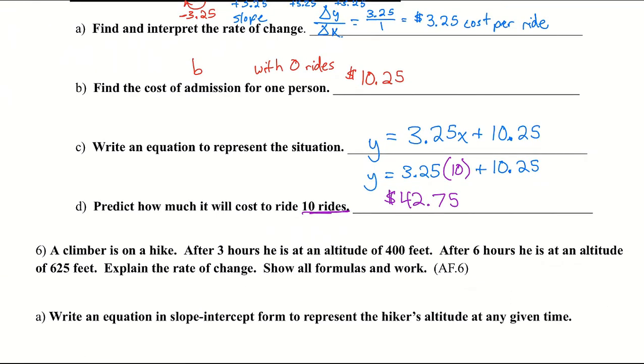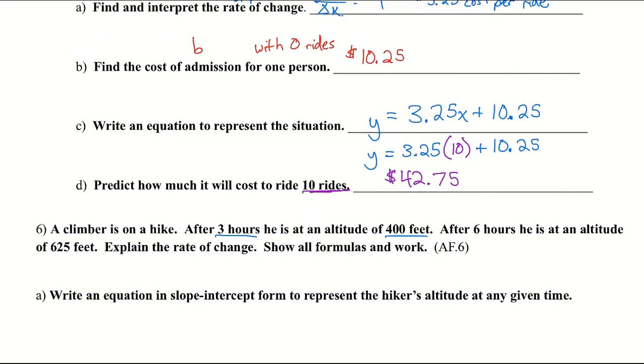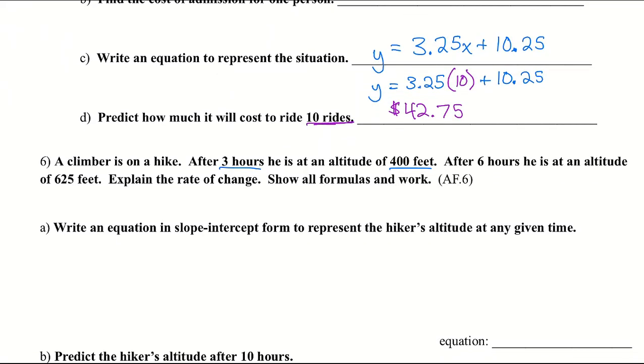Next one, very similar to the one that we had in class. A climber's on a hike. After 3 hours, he is at an altitude of 400 feet. So hours and feet are what we're working with here. So I'm going to set this up knowing that x is time, so this would be hours. Y would be the feet.